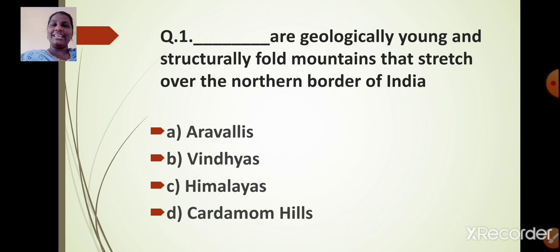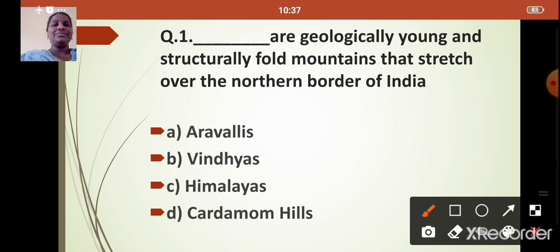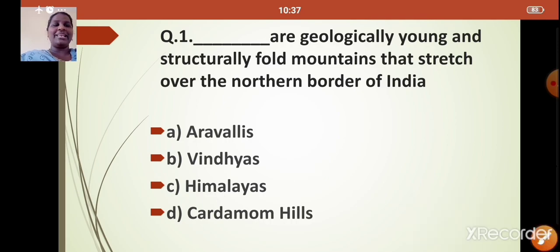Option B, Vindhyas. Option C, Himalayas. Option D, Cardamom Hills. Which is the correct answer? Yes, option C, Himalayas. Himalayas are geologically young and structurally fold mountains that stretch over the northern border of India. Very good.